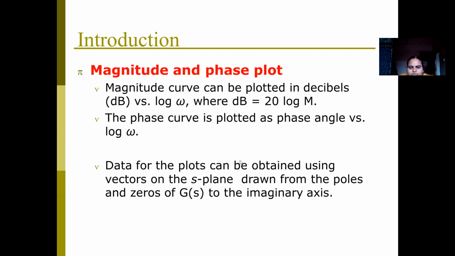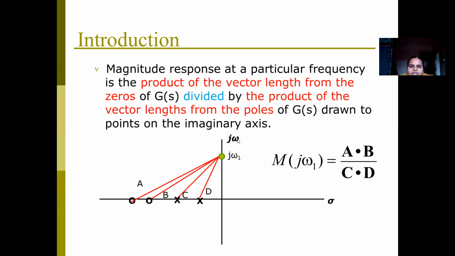Then data for the plots can be obtained using the vectors in the S-plane drawn from the poles and zeros to the imaginary axis. This is the example shown here. There are two zeros and two poles in the equation. The magnitude response at a particular frequency is taken as the product of the vector lengths from the zeros of G of s divided by the product of the vector lengths from the poles.